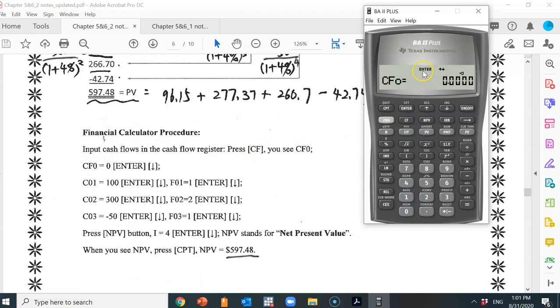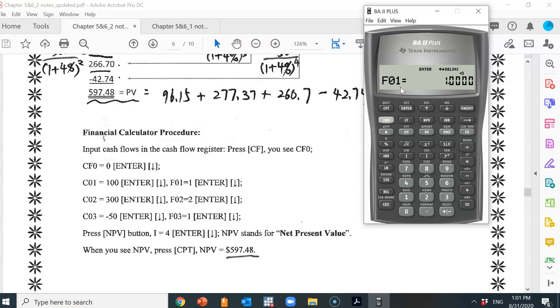On the screen you can see the enter sign, so you know we can use enter to input the numbers. And we can use the up or down button to switch to the next cash flow, C01. It means cash flow at time 1. We know it's 100, enter. Down button, we come to F01. This is the frequency for the first cash flow.